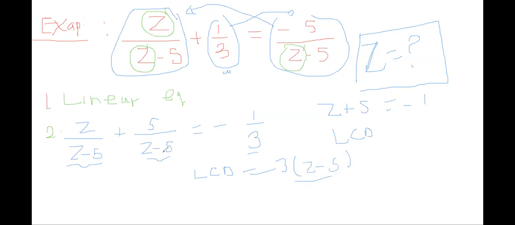If we use this to multiply on the left-hand side and the right-hand side of the equation, we will get rid of the denominators, which are z minus 5 and 3.